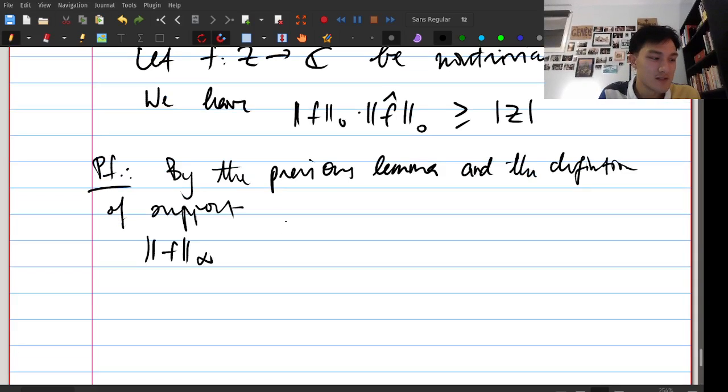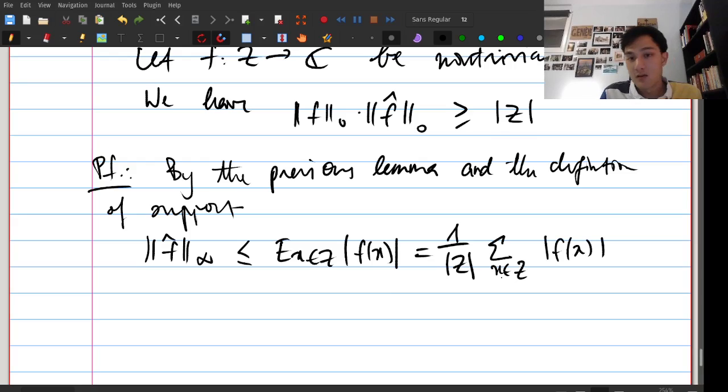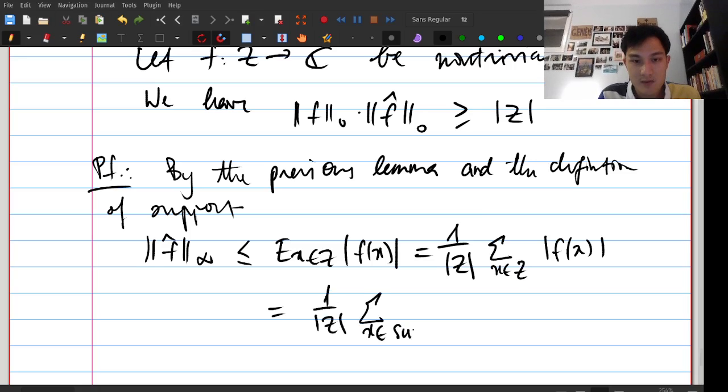We have this bound from the previous lemma: the L infinity norm of f hat is less than or equal to the expectation over x in Z of |f(x)|, which is 1 over the size of Z times the sum over x in Z of |f(x)|. By the definition of support, f is 0 outside of the support, so this is the same as taking the sum over x in the support of f of |f(x)|.